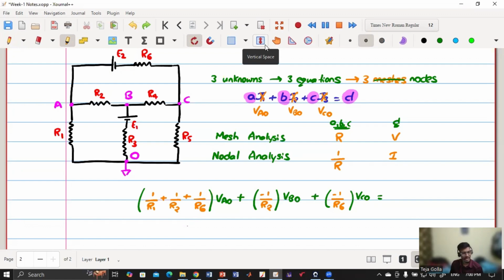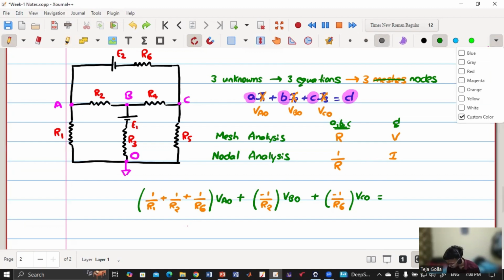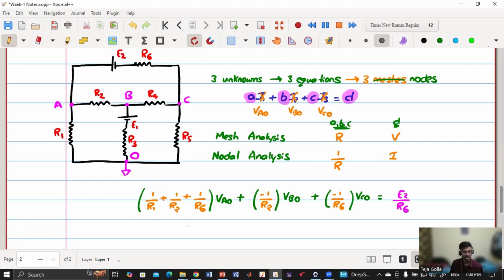So it is basically E2 by R6, because E2 is connected and it has a resistance R6. Whether it is plus or minus, you have to see which terminal is facing towards the point A. Positive terminal is towards the point A, so it is plus. If E2 is the other way around, it will be minus E2 by R6.